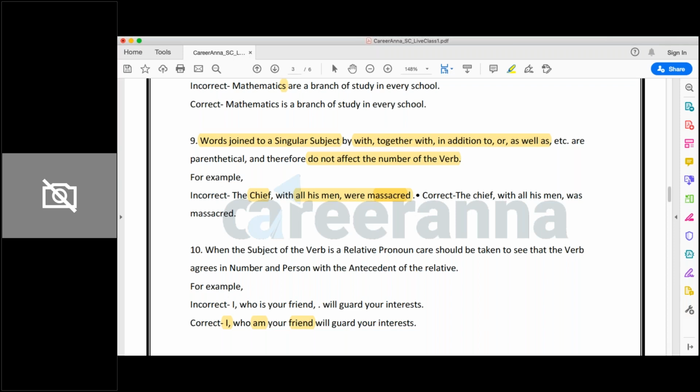If I have a relative pronoun which is sandwiched between two nouns, the verb for my relative pronoun will go with the noun which is before my relative pronoun. Are you all able to understand it? What does the rule say?